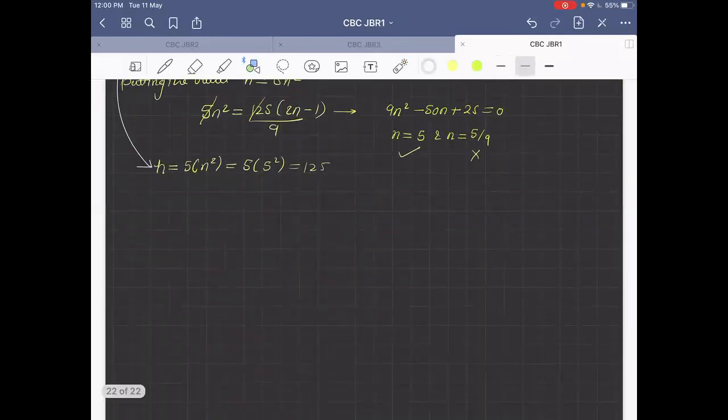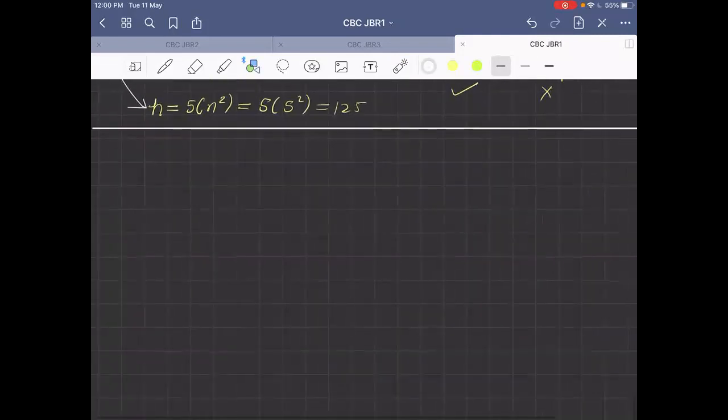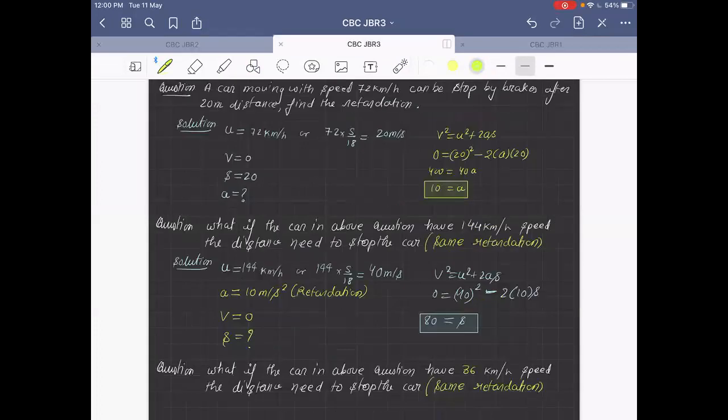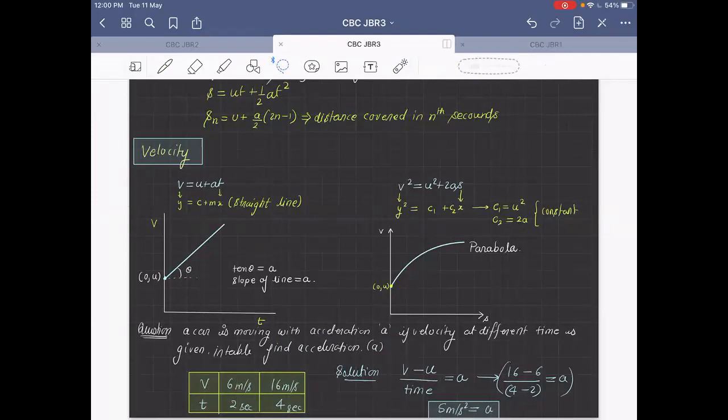So, moving on to the velocity part. Velocity, here we go. Now, velocity related, we have only two equations. It will be better if I just copy paste it, it will save some time. One is called v equals u plus at.